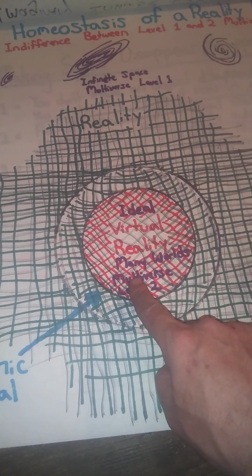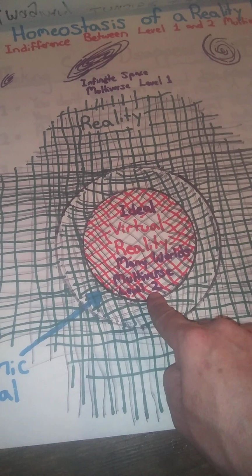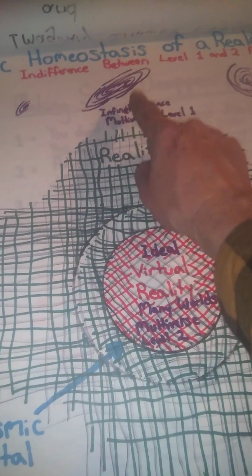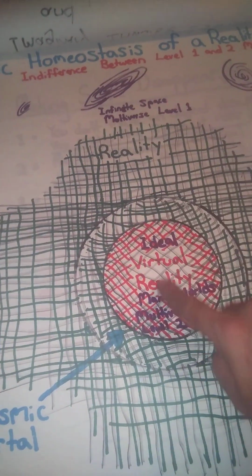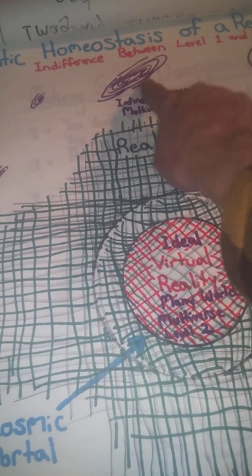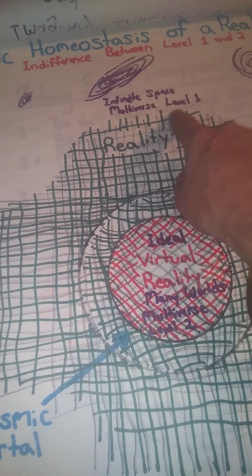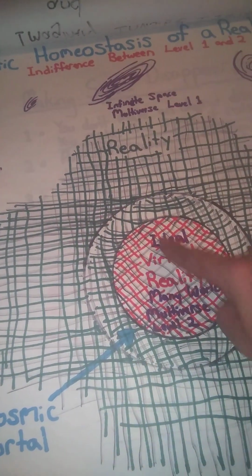This is the Hugh Everett many worlds multiverse. It's every possibility, which is the same as, they're the same thing. If you have an ideal beyond our realm, out in infinite space multiverse, they're the same.